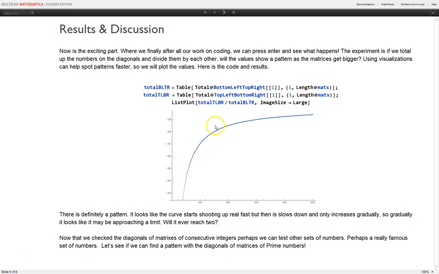So now that we've done this for a matrix of consecutive numbers, maybe we could try this for other numbers. Maybe a really famous set of numbers, like let's try this for the prime numbers. So we'll make matrices of consecutive prime numbers, and look at their diagonals.